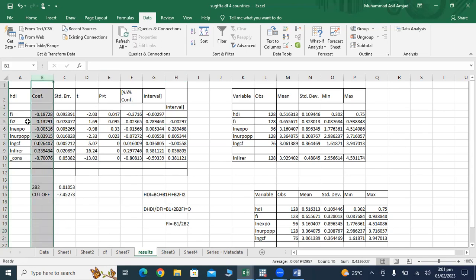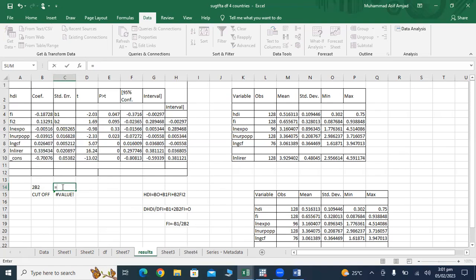This is my beta 1 coefficient. I write here beta 1, and this is my beta 2. The first thing is to calculate the cutoff value from beta 1 and 2 beta 2. First multiply 2 by beta 2. Beta 2 is 0.13, in cell B5, and the result is 0.26582, which is my denominator.